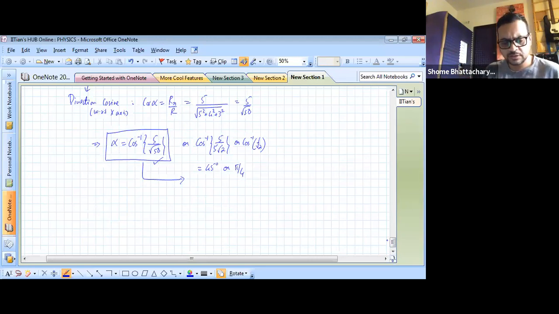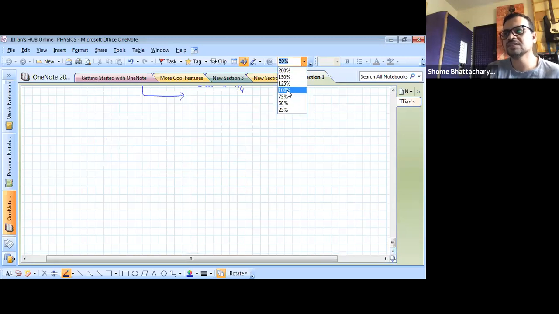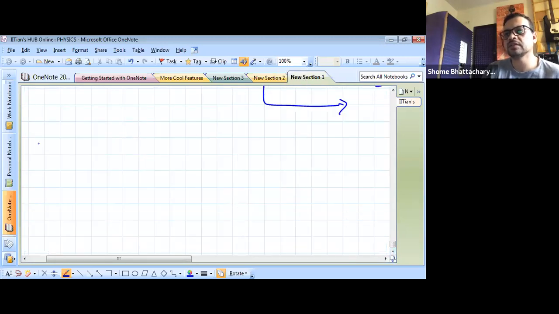Now move on to the fifth question. The fifth question is just a direct application of three-dimensional vector algebra.